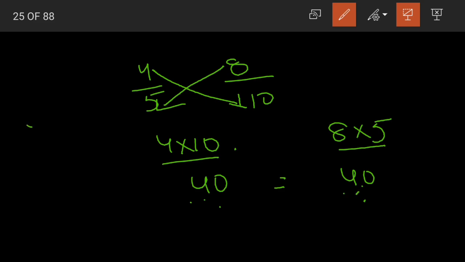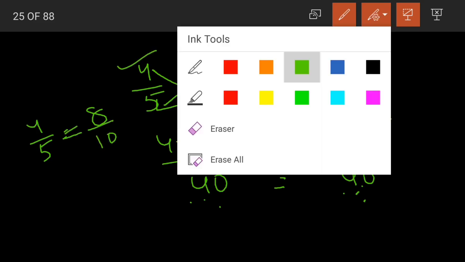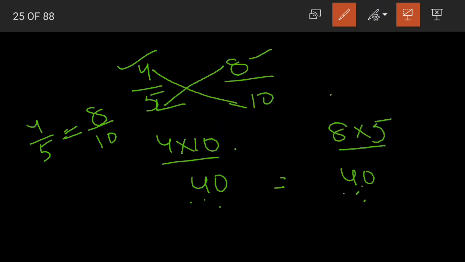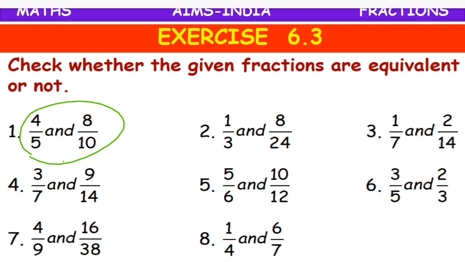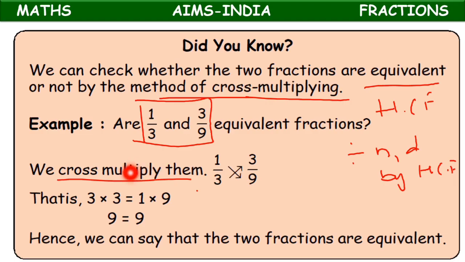So we can say that the given fractions 4 by 5 is equal to 8 by 10, or simply that they both are equivalent fractions. Clear, children? It is much easier. We just need to cross multiply and check whether the products are the same. If the products are equal, we can say that the given two fractions are equivalent.